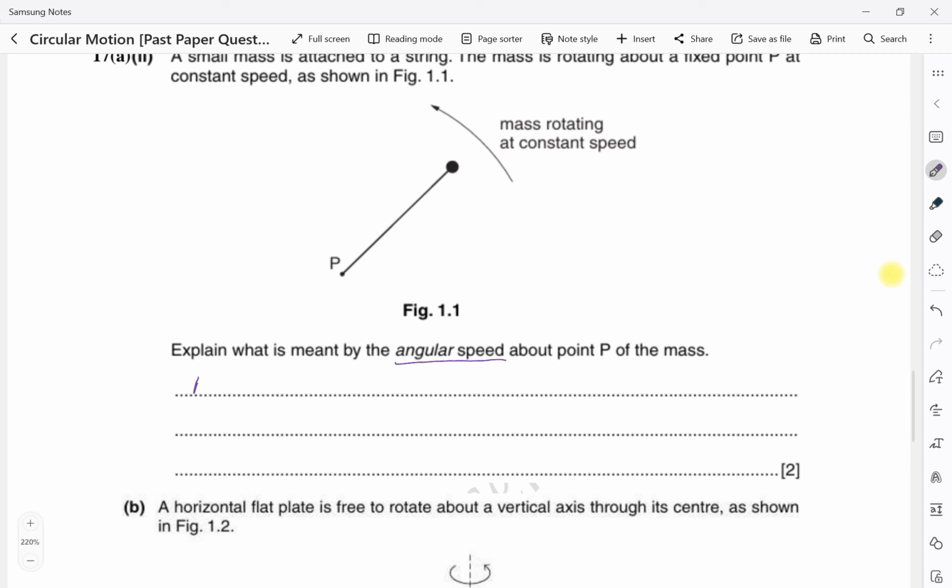The angle an object rotates through per unit time is the angular speed.